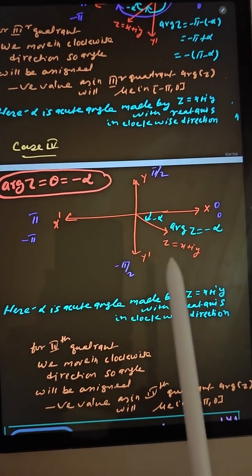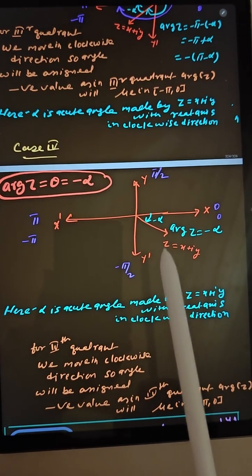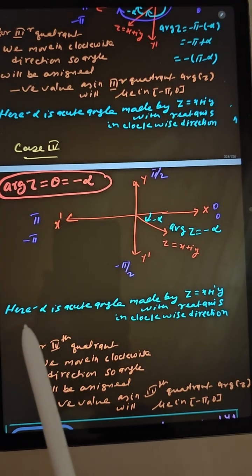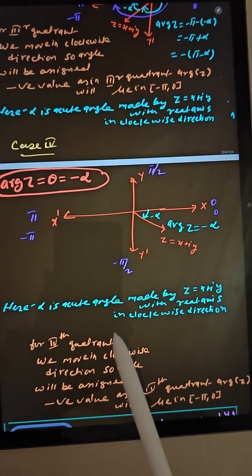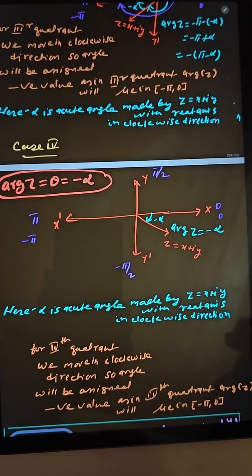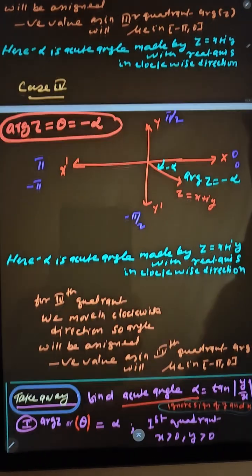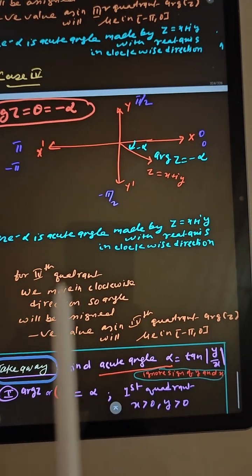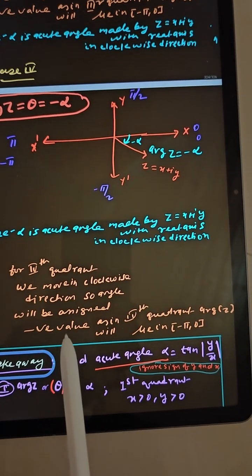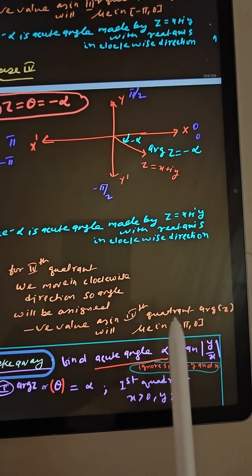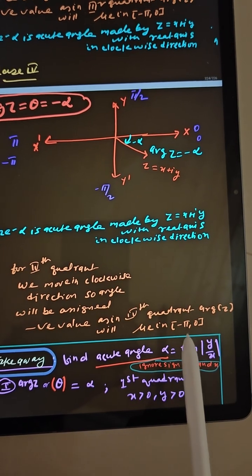There is not that much confusion here. Here minus alpha is the acute angle made by the complex number with the real axis in clockwise direction. Again, the same statement I have written over here. For the fourth quadrant we move in clockwise direction, so the angle will be assigned a negative value, as in the fourth quadrant the argument of z will lie in minus pi to 0.